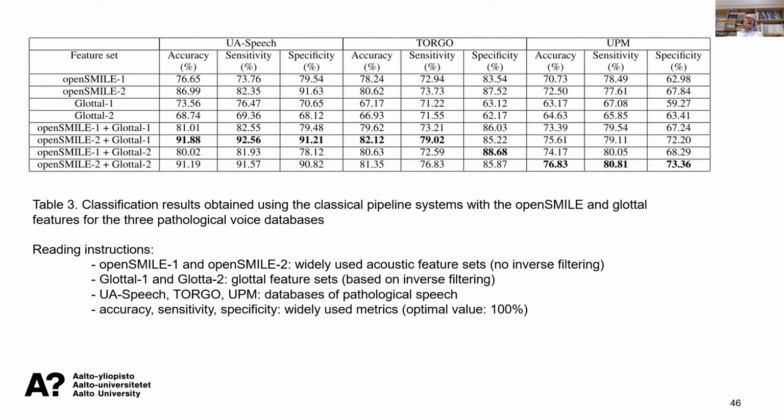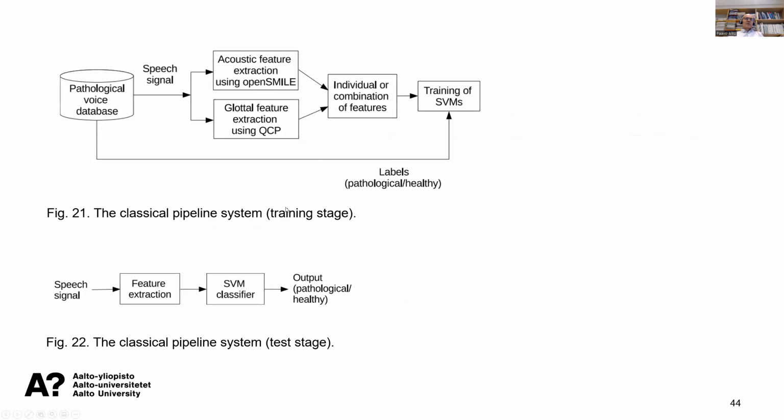Okay, and then we have a wide range of different features which were very interesting, and these results are all based on these classical pipeline systems which are shown here. So the feature extraction plus SVM.